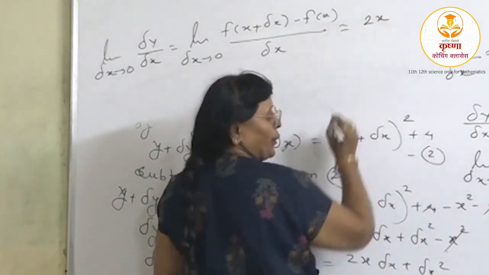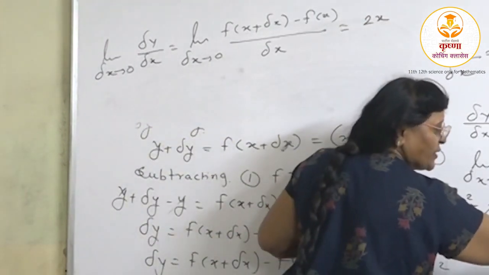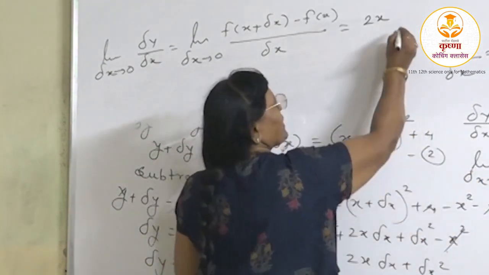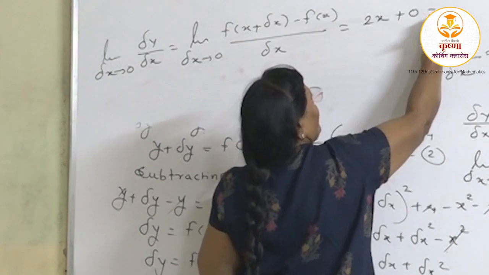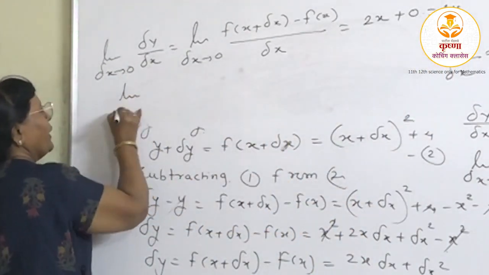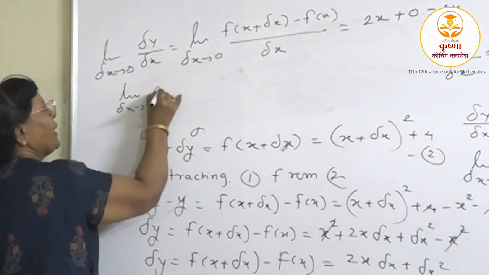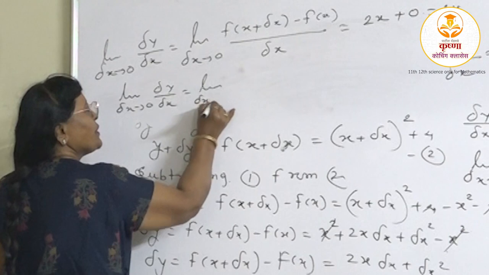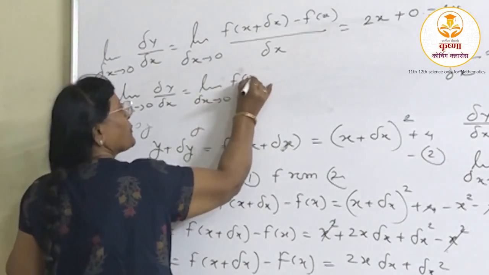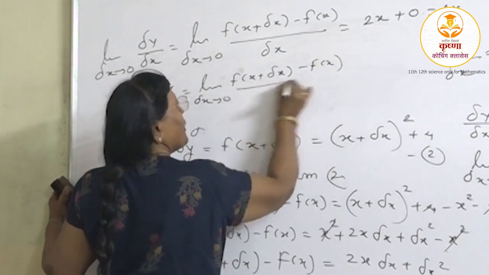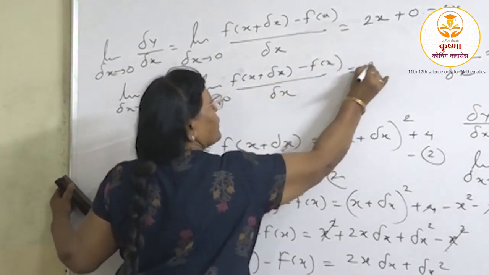Therefore, here you have got 2x, as delta x tends to 0. Put delta x equal to 0 and you will get 0. Therefore, the limit as delta x tends to 0 of delta y divided by delta x, which is the limit as delta x tends to 0 of f of x plus delta x minus f of x divided by delta x, is equal to 2x.